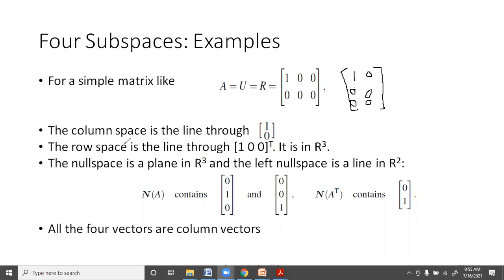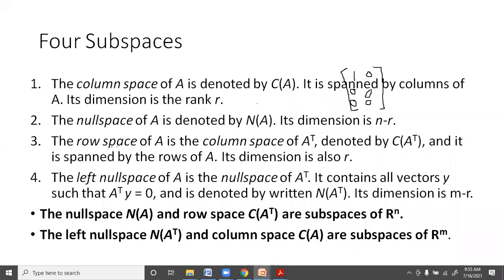So how do you find the row space? Take the transpose of A and find its column space. You'll get the row space. That's how we have defined it: the row space of A is the column space of A transpose.